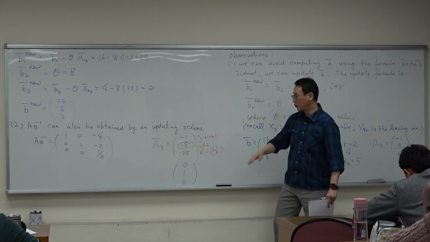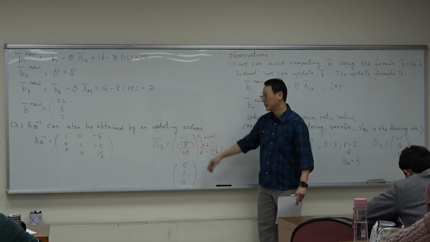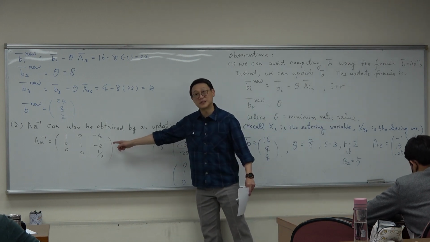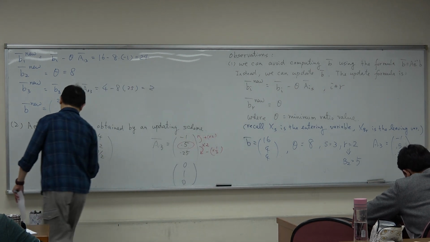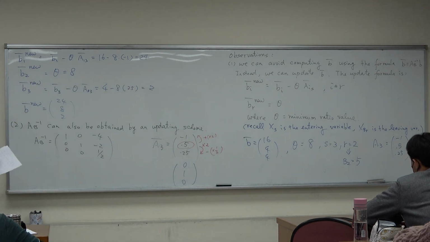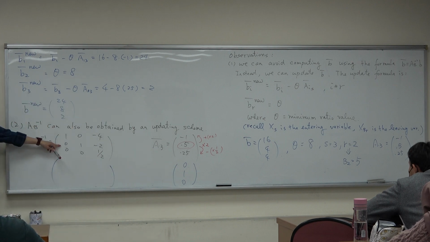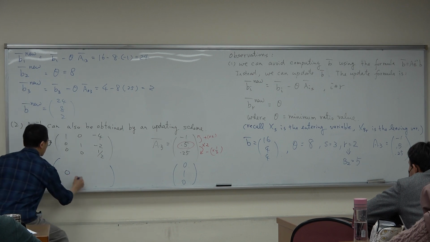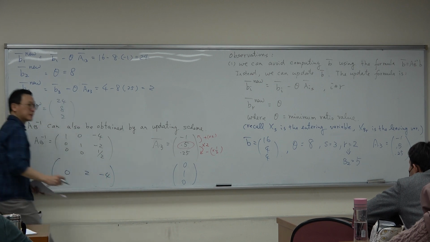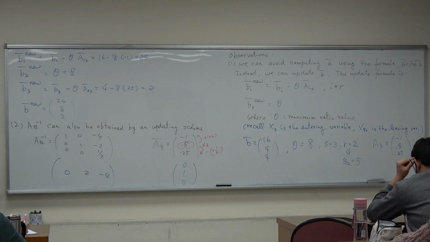So I just show you what happened in this column. The rest of the columns should do the same thing. So the second row I have to multiply by 2, right? So it becomes 0, 2, and -4.